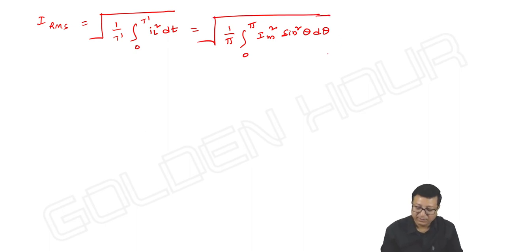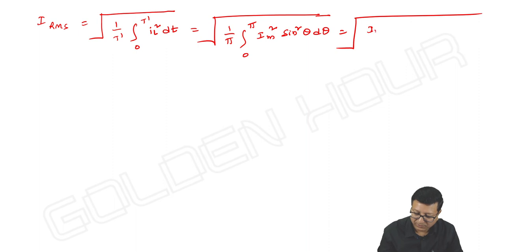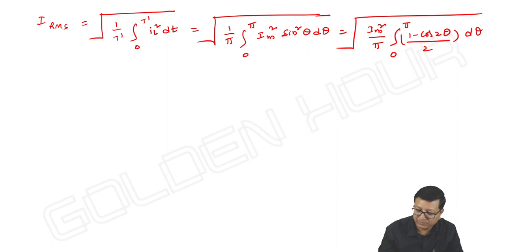Okay, it is further written like Im square by pi integral 0 to pi, sine square theta can be written like 1 minus cos 2 theta by 2, d theta.